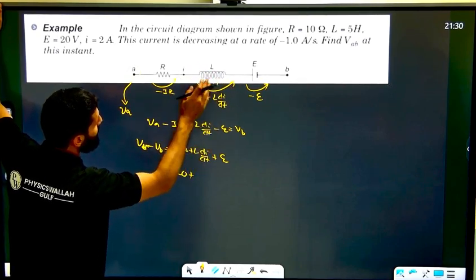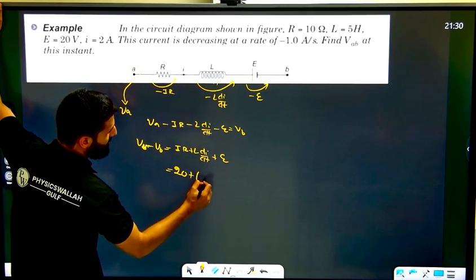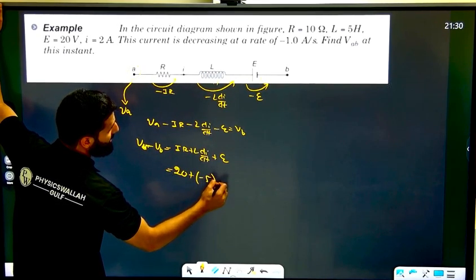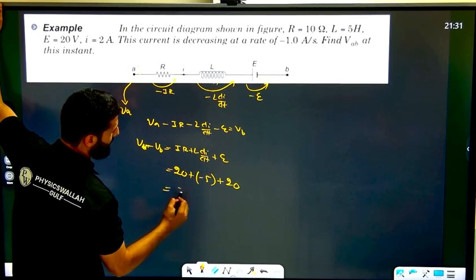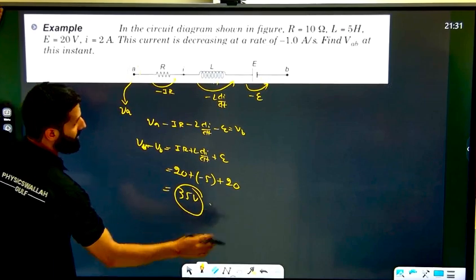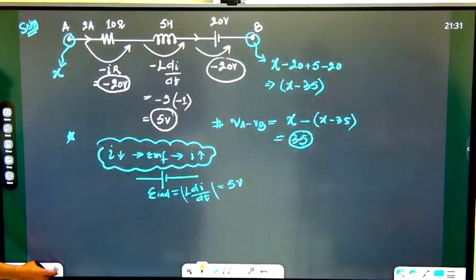L is 5, 5 into minus 1, so minus 5. Plus E, 20. So 35 volt. That is the answer. Very nice, easy.